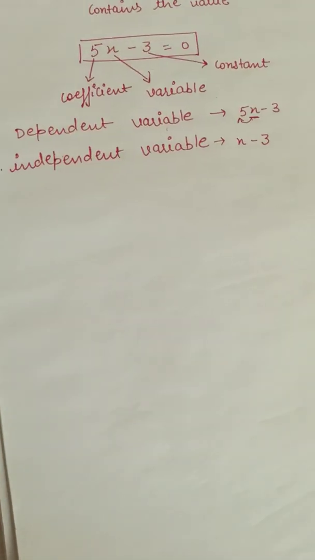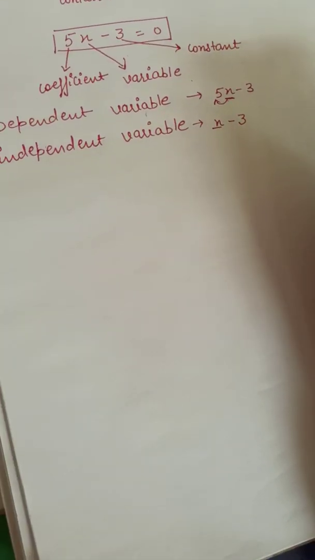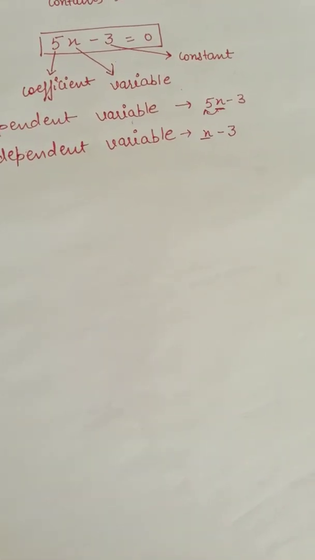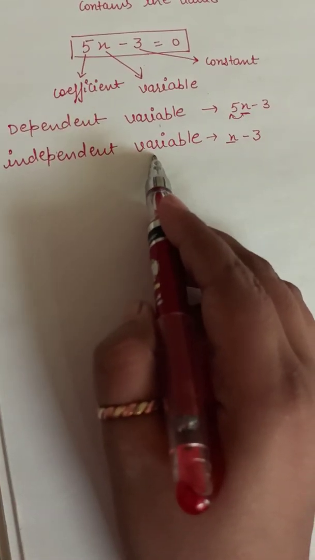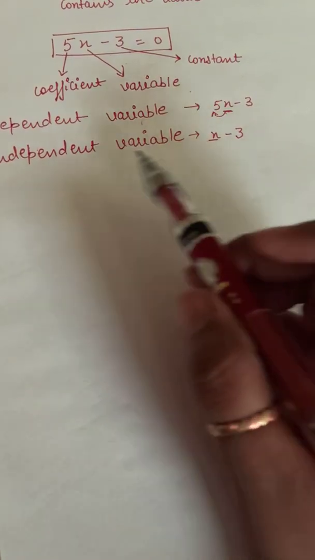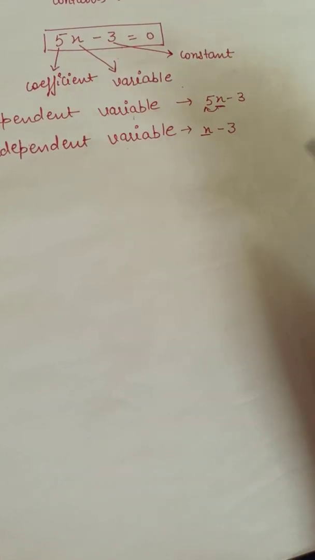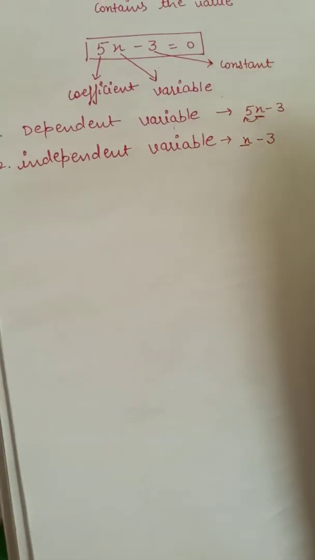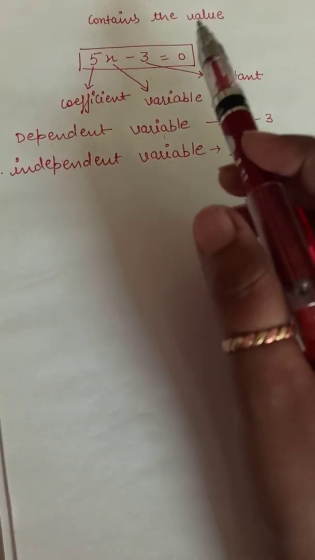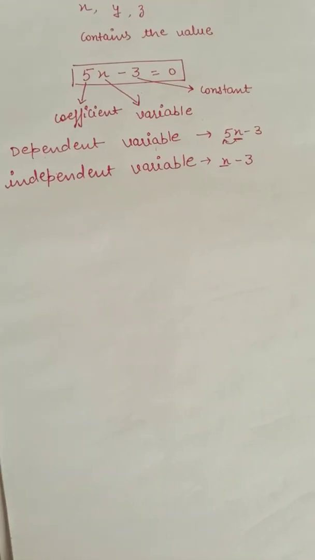The coefficient with an independent variable is 1. Clear? Because independent means the value does not depend on others. So it is clear what a dependent variable, independent variable, coefficient and constant are, right?